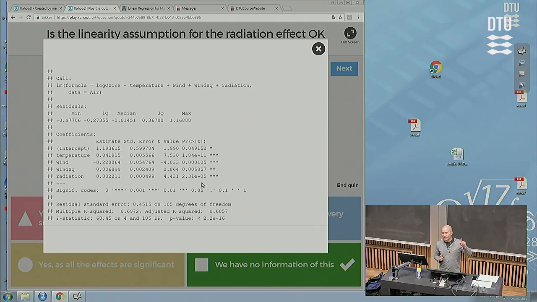And the square of the radiation is not part of this output that I showed you, right? So the point being, the output of a linear regression cannot prove whether the linear regression is a good model. Only further investigation can support that assumption: residual plotting or nonlinear modeling on top of the linear model.